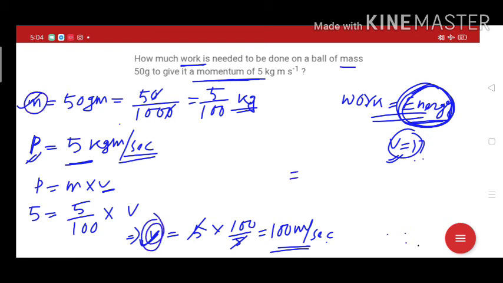So now we have two values, that is m and another one is v, so we can easily find out the kinetic energy, which is going to be exactly equal to the work done.